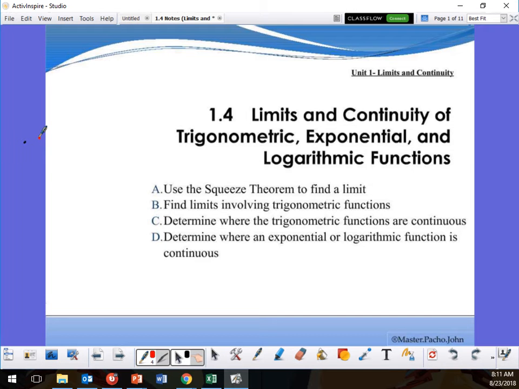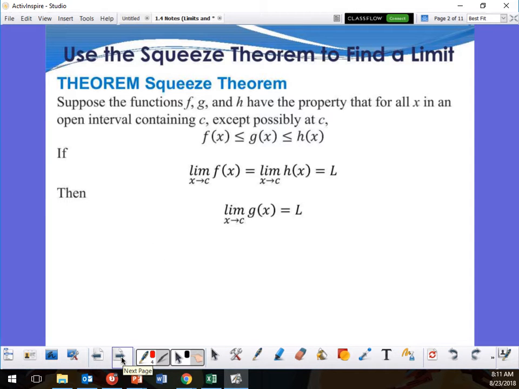Now, there's a couple things I'm going to have you guys highlight. On this one right here, this is what the squeeze theorem is. Squeeze theorem is when the limit of the lower part of my function and the upper part of my function are both going to the same thing.